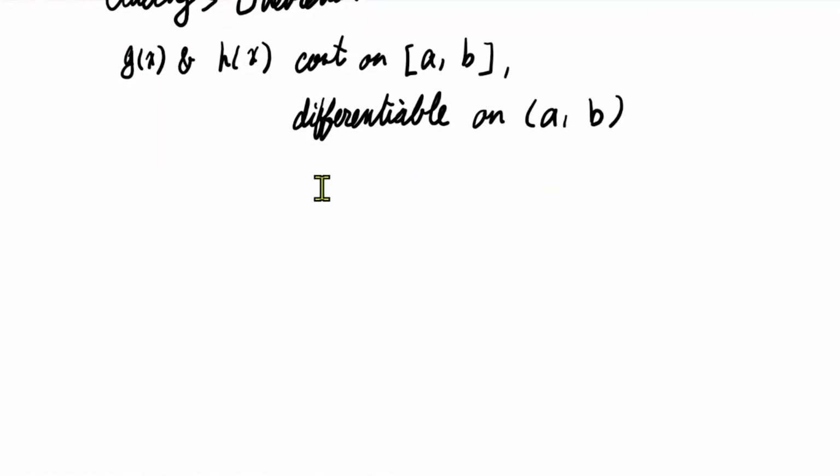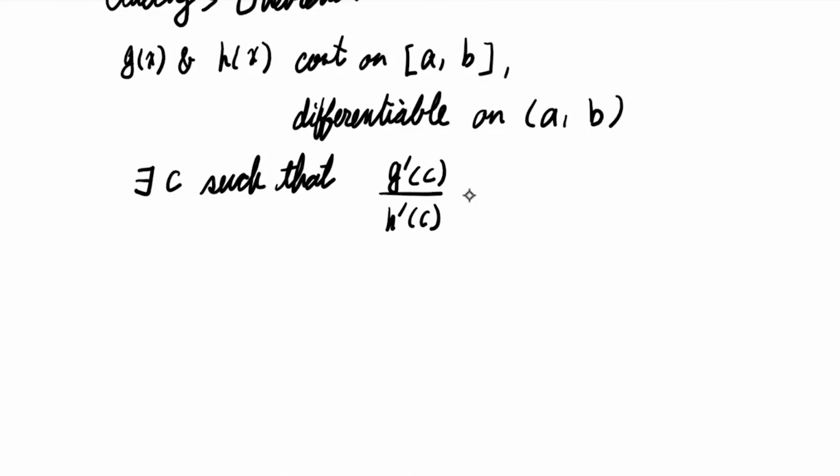Okay, now I'm going to say there is a c such that, now here's the content: g prime of c over h prime of c is equal to g of b minus g of a over h of b minus h of a.